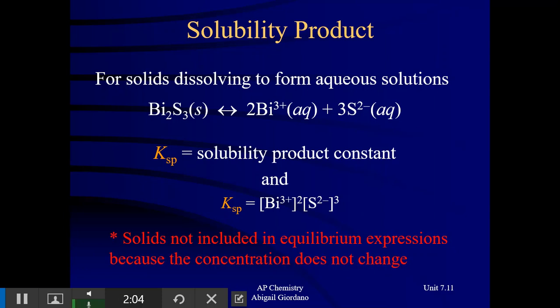So the solid is always excluded. So a KSP expression, ladies and gentlemen, is always going to look like this. It's always going to be able to be written in one line because a KSP is specifically for a solid dissolving, and the solid will always be excluded. But we of course still use the coefficients as exponents.